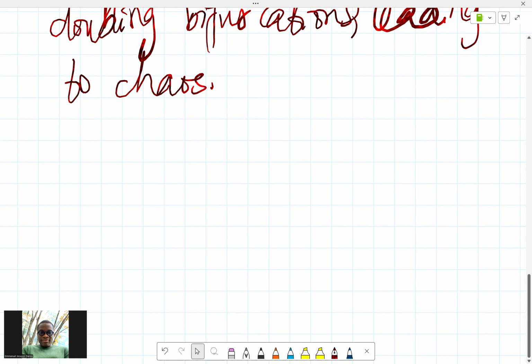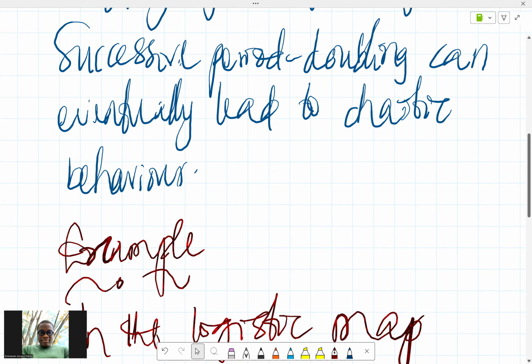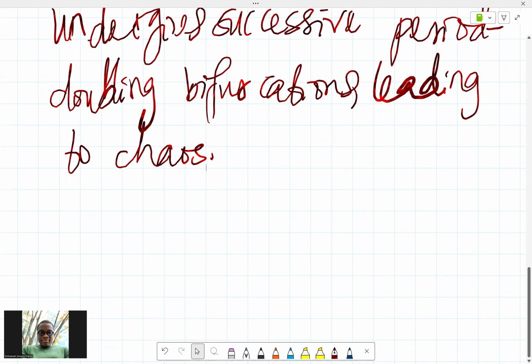We're going to see that after now. That's number one, period doubling bifurcation.